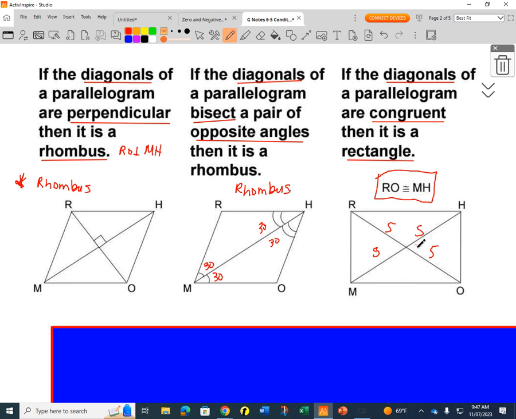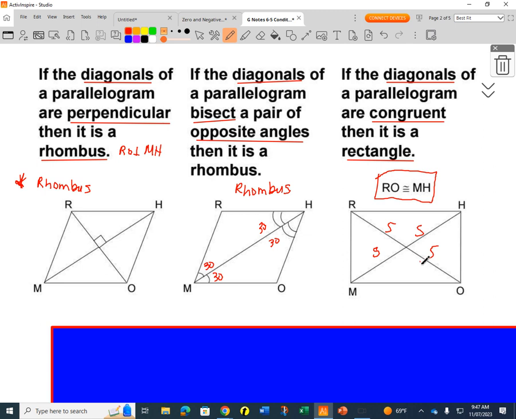So we talked about rhombuses, rhombi, we talked about rectangles. We didn't talk about squares. So if a parallelogram has perpendicular diagonals, and also has congruent diagonals, what do we know about that parallelogram?